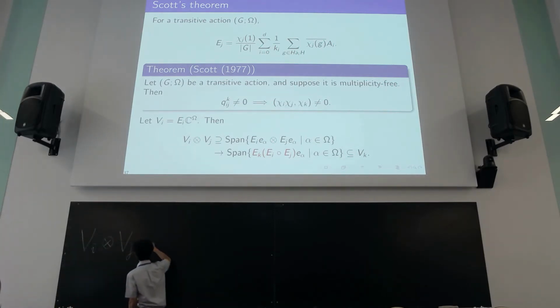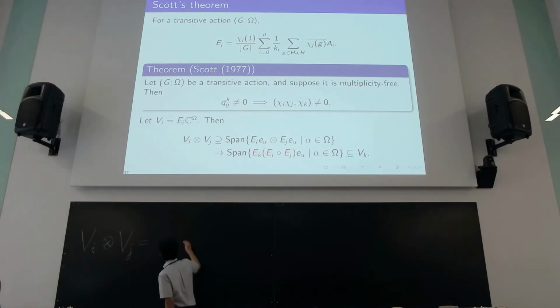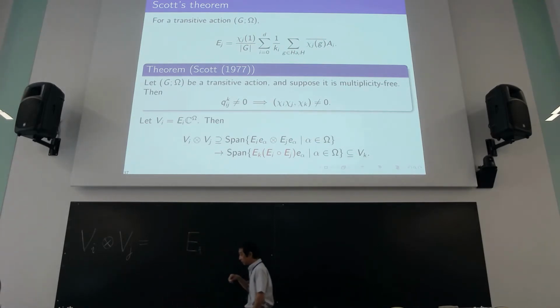This is the set of all tensors which are obtained by taking arbitrary elements of this and arbitrary element of this, but you don't have to take arbitrary element, you just take a generator, which are columns of Ei. This little e alpha is for me the unit vector, standard basis vector of the space C omega.